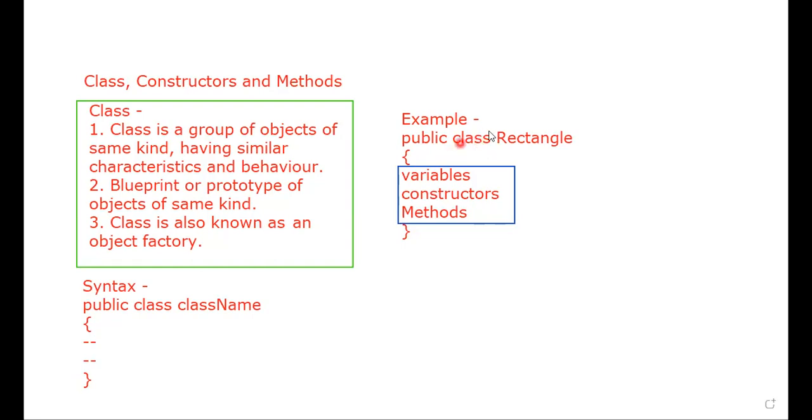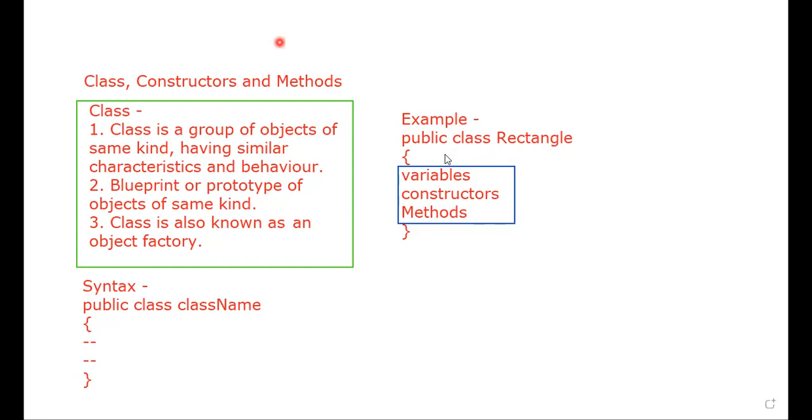This class is encapsulating variables, constructors, methods, objects, etc. You know, this is the definition of class. So this class is containing these things. Then what about rectangle? A rectangle is the class name. Very good. So here, now you have written public class rectangle and then variables, constructors, methods. Quickly we'll come across them now.